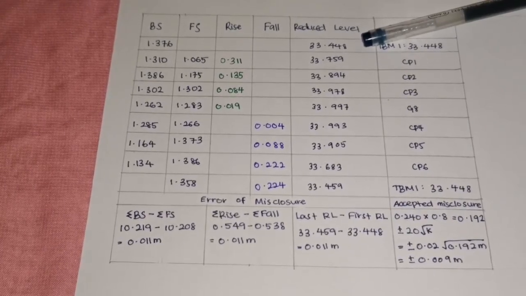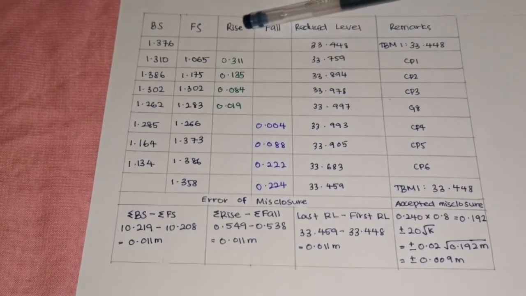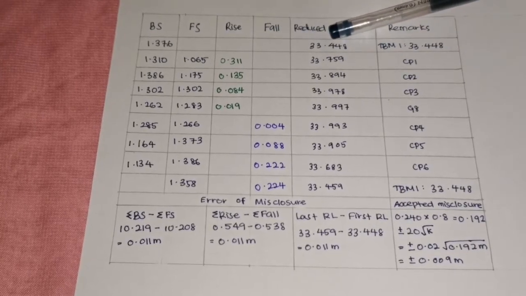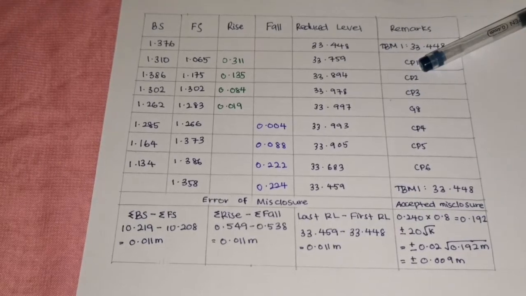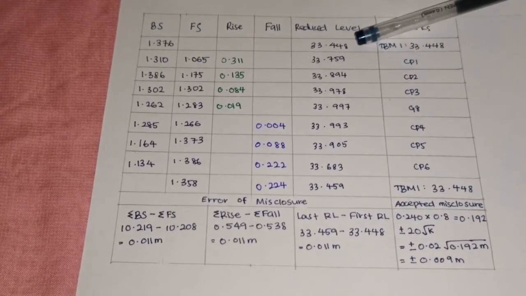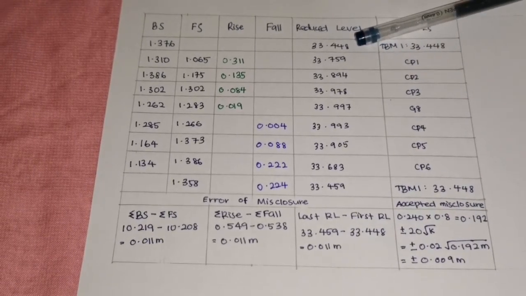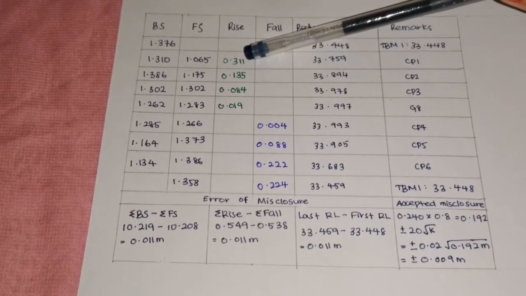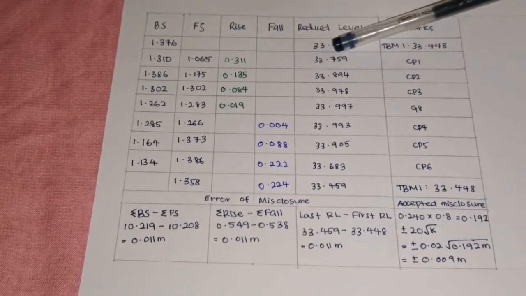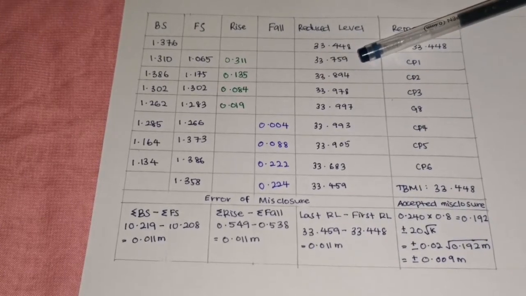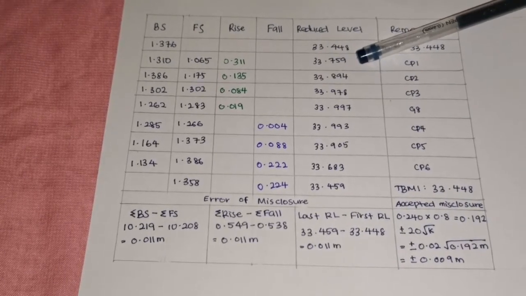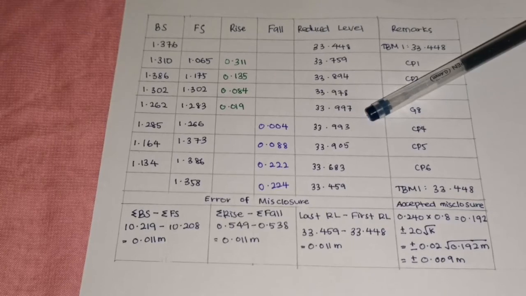We must plus and minus the rise and fall. For remark CP1, we plus 33.448 to 0.311, then we get 33.759 meter. We repeat the same method until this part.